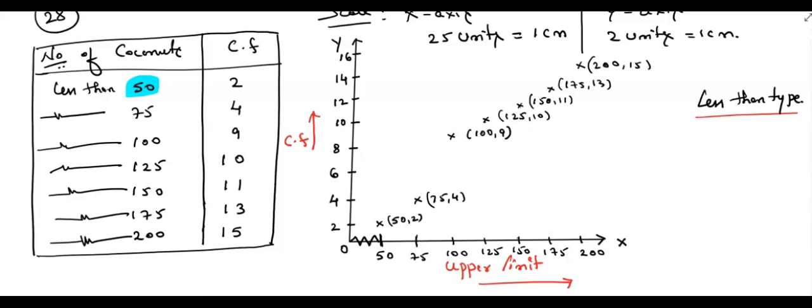You have to use freehand drawing. You should not use a scale. Just join this point with this point, again this with this, then again this. Just join with freehand. No scale. It's a freehand drawing. That's it. So this is our less than type ogive curve.